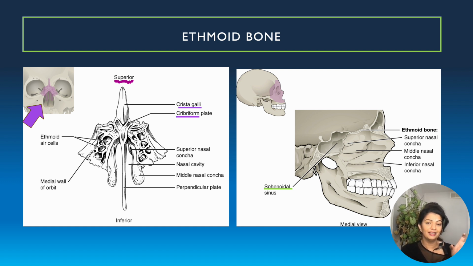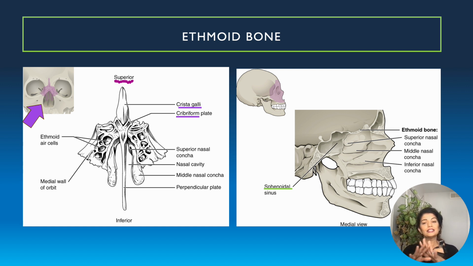Now, what is on either side of the crista galli? There are these parallel plates, and those are the cribriform plates. Cribrum means sieve. Gosh, it's a mouthful. A lot of these words in anatomy and physiology are.